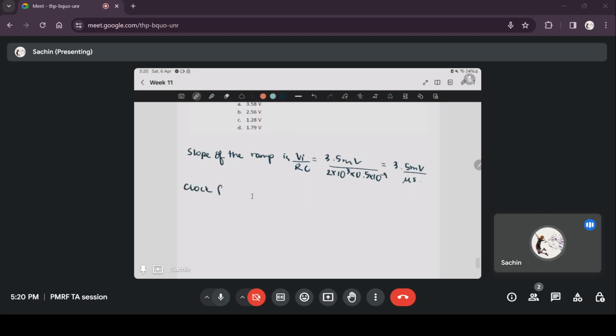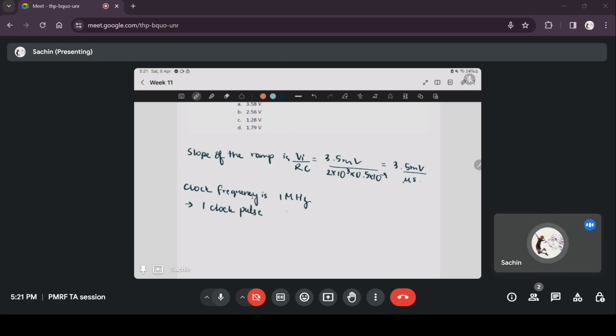Clock frequency is 1 megahertz, so the clock period is 1 microsecond. So after every 1 clock pulse, 1 time period will have passed, so the voltage will increase by 3.5 millivolts.